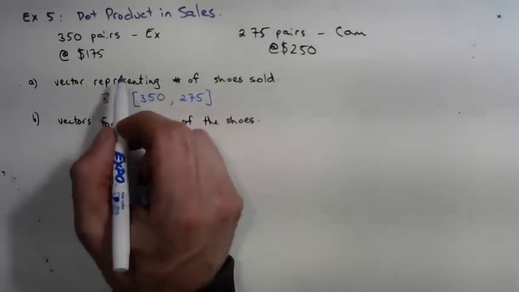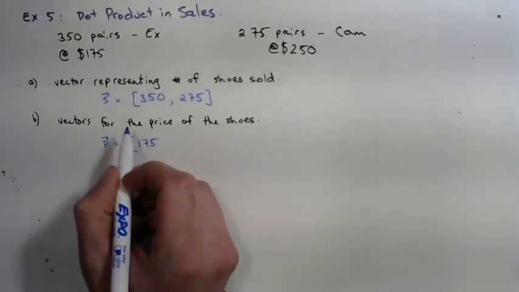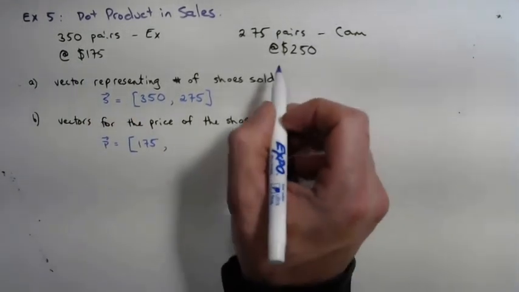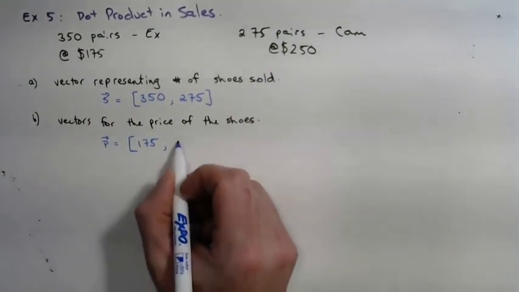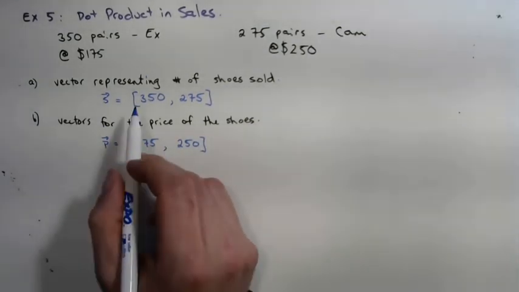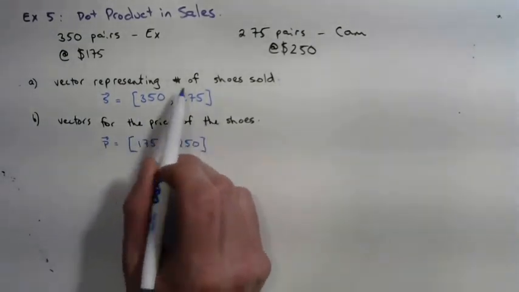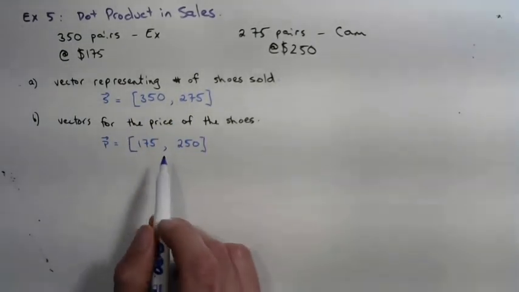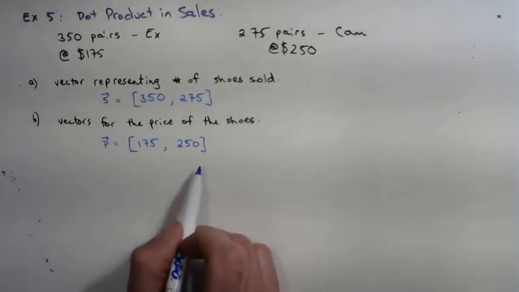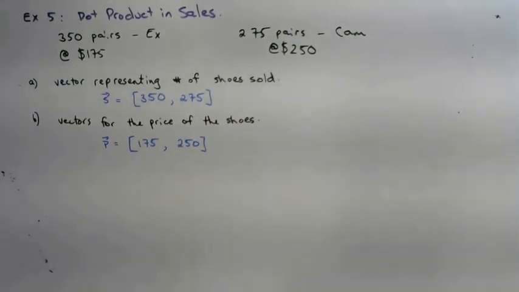If we're starting with Excaliburs and then Camelots, the price vector is going to be 175 for the price of the Excaliburs and 250 for the price of the Camelots. So now we're starting to see how these two vectors are going to interact. We've got a quantity and we have the price of these shoes. So we're going to find the dot product of these things.